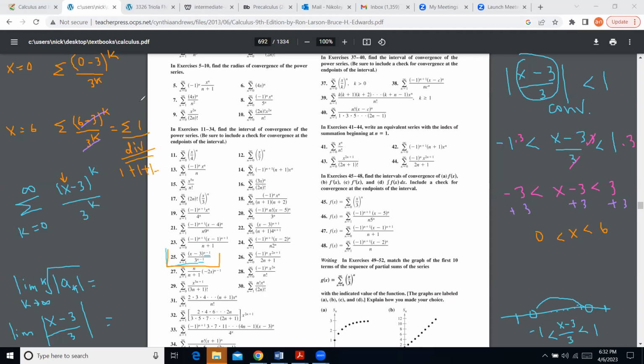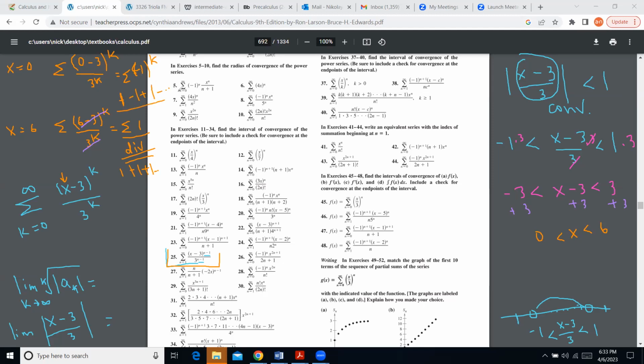Okay, how about the other one? Well, looks like this is going to be a -1 to the power of k that I can factor out. And the exact same thing is going to happen with the 3 to the k's. They're going to cancel. So this series will be -1 plus 1, -1 plus 1. If it starts from 0, the first term will be -1 to the power 0, which is 1, then -1, 1, -1.